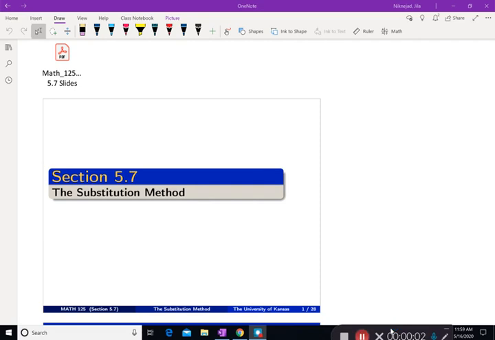We're starting section 5.7, the substitution method. Now, we've been discussing this fact that the antiderivative of a product does not have a specific rule.